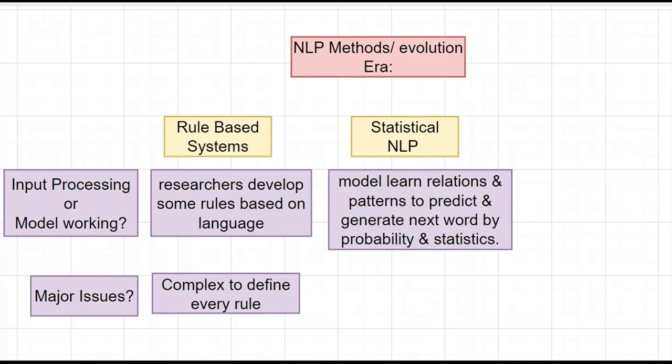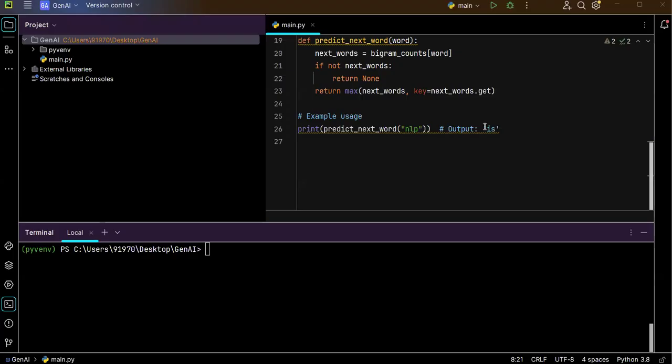So let's take a simple example to understand it. Here I am picking a simple probability example to tell you about statistical NLP. I want to predict the next upcoming word for the given input. Let's say I provide the input as NLP and I am expecting the output.